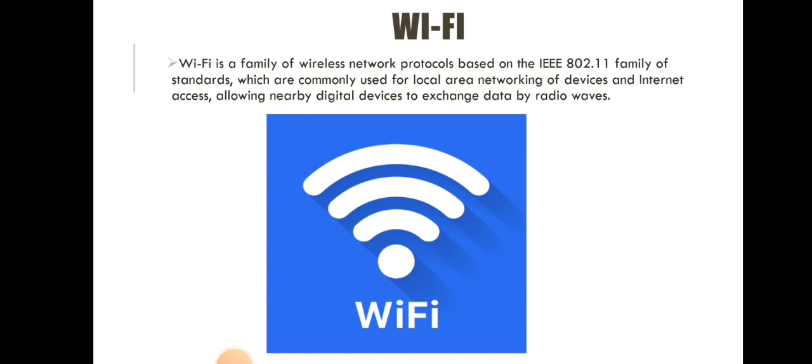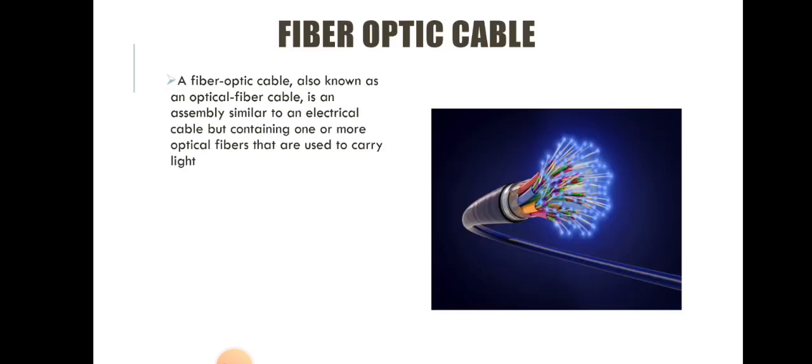Wi-Fi is a family of wireless network protocols based on the IEEE 802.11 family of standards, which is commonly used for local area networking of devices and internet access, allowing nearby digital devices to exchange data by radio waves.